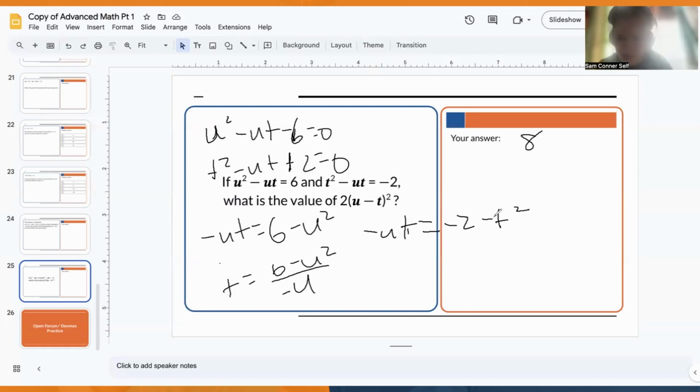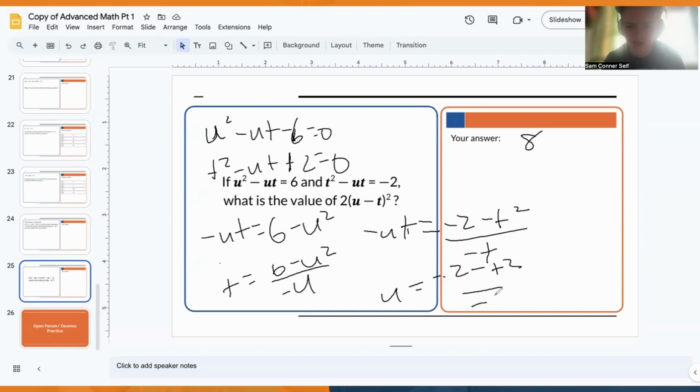And then we're isolating u, so this is going to be divided by negative t to get u is equal to negative 2 minus t squared over negative t. And then I'm going to divide out that negative. So it's going to be u is equal to 2 plus t squared over t.